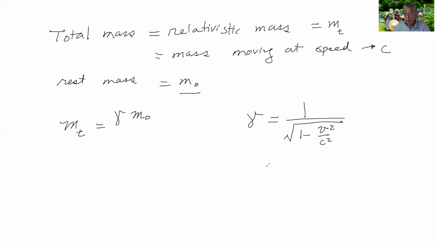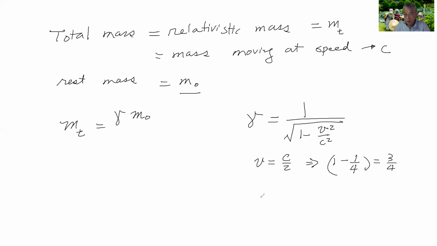So for example, if you have v equal to c divided by 2, then you have 1 minus a quarter, since v squared is c squared over 4 and the c squared cancels out. So 1 minus 1/4 is equal to 3/4.